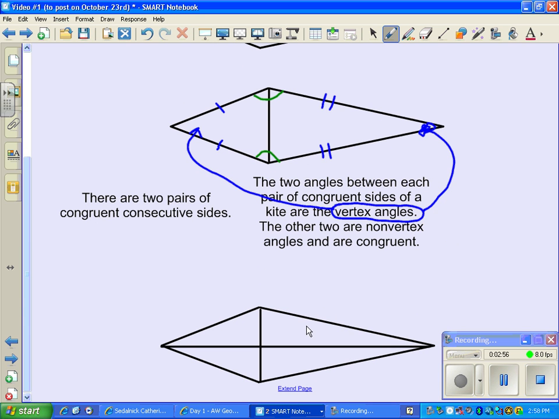The next thing you need to know is that if you were to draw both of the diagonals, they end up crossing each other perpendicularly. Okay, so you can see there's a 90-degree angle, here's a 90 degree, 90 degree, 90 degree. And then the other thing is it bisects it, so it cuts that line in half.